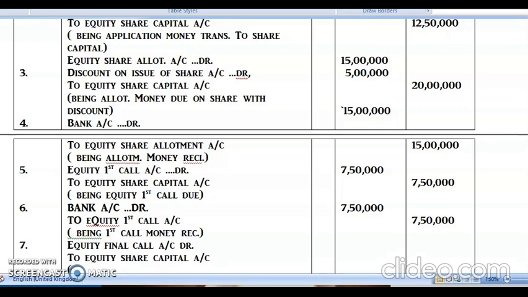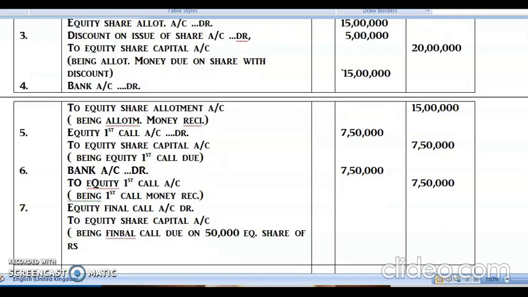And its narration is being final call due on 50,000 equity shares of 20 rupees. 20 rupees final call is due. Okay, so it is 20 rupees final call on 50,000 equity shares. So 20 multiplied by 50, that will be 10 lakhs. So here the value is 10 lakhs.